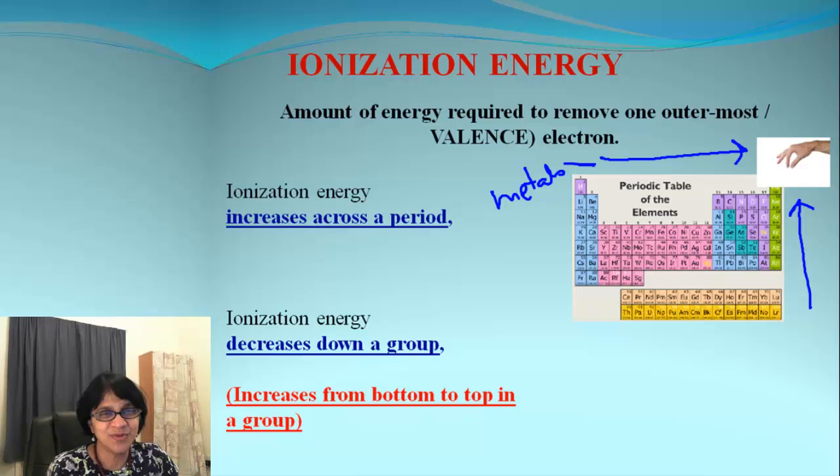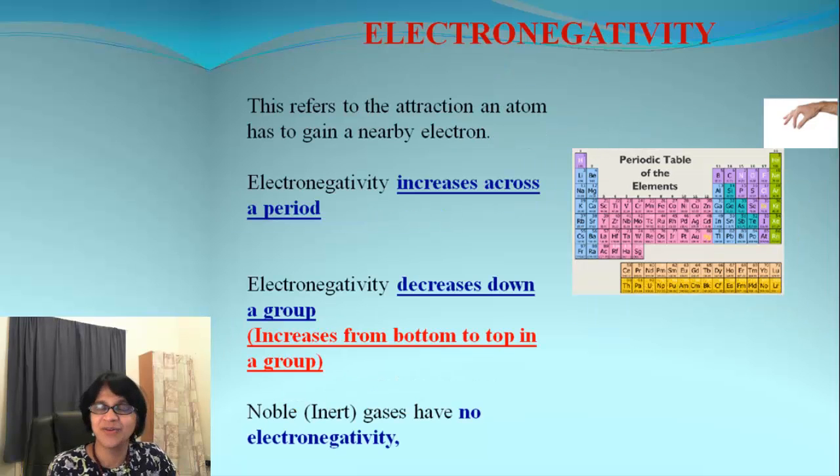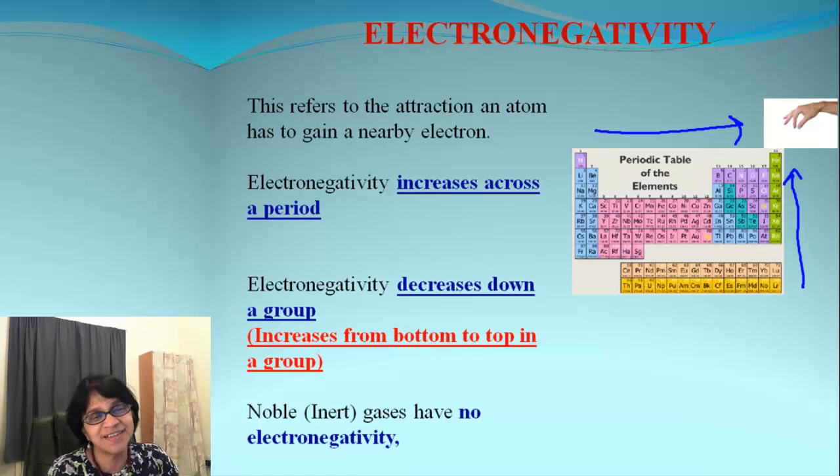Okay, moving to the next one now, electronegativity. This simply means the attractive force which the atom has towards the nearby electron. And again, pinching on the right top corner helps us to remember how it changes.